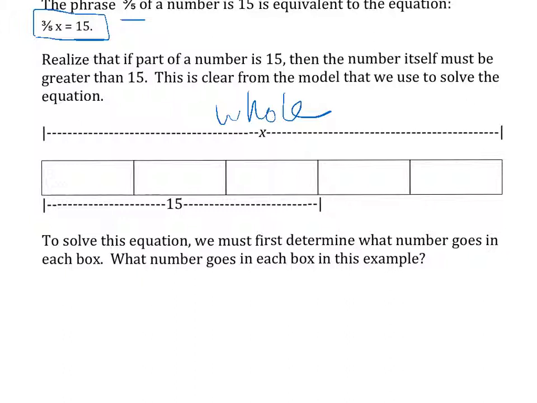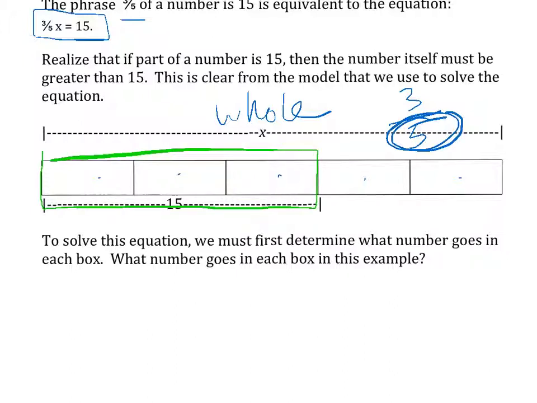So 3/5, we have our denominator of 5 for 1, 2, 3, 4, 5 boxes. We're marking off 3 of them, makes 15. So if we have 15 for 3 boxes, then we know that each box has to be 5, right? So 5, 10, 15, or 15 divided by 3 gets you 5. So that means all the boxes are 5, because all the boxes are always equal to one another.